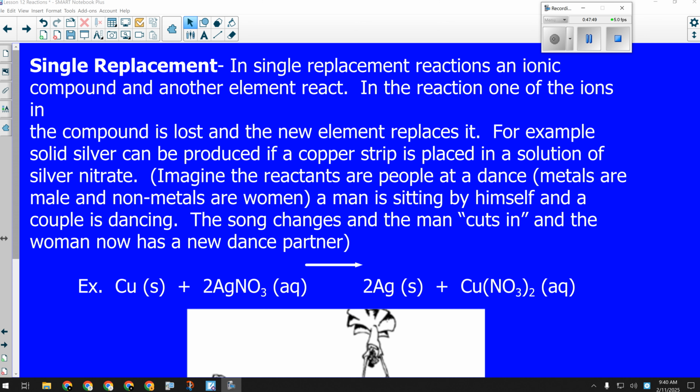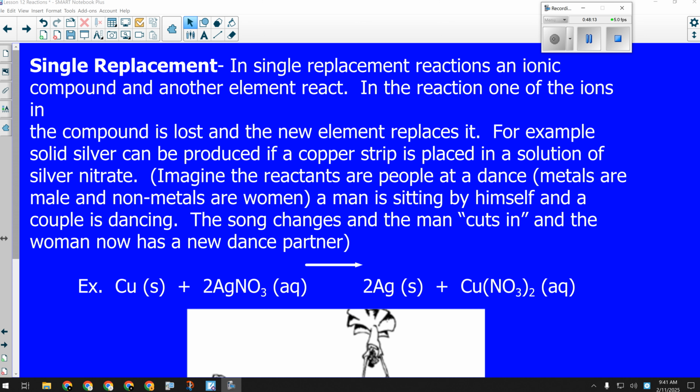All right, so the last 2 reaction types are very similar. Okay? They're both what we call replacement reactions. There's single replacement and there's double replacement, but they essentially work the same way. Okay? Replacement reactions always involve ionic compounds. Right?